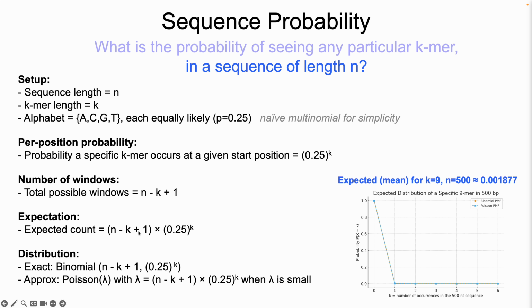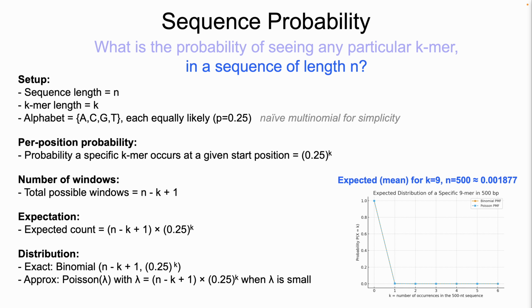This is the average number of times you would see a particular 9-mer. If you crunch through that multinomial model, for k=9 and n=500, you expect to see any 9-mer 0.001877 times, so way less than one time.